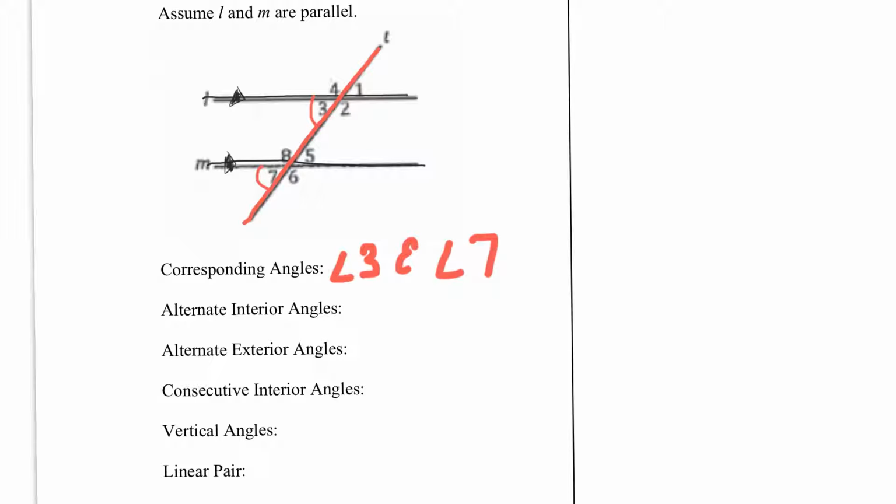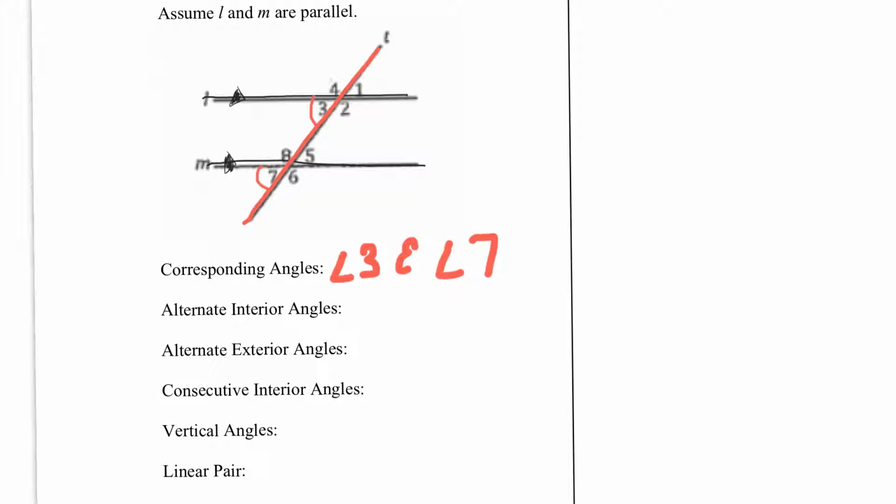Now if you combine that with another fact, which is the vertical angles, something from geometry. Vertical angles are always congruent, that's the theorem. In this picture, angles 1 and 3 are vertical angles. So if you have two lines that intersect, the two angles that are non-adjacent are called vertical angles.